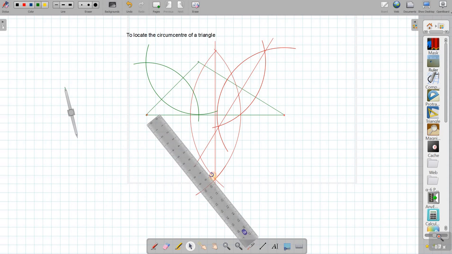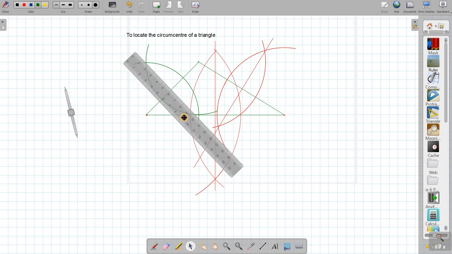So I will bring it like this. I will keep it here like this. Here it is okay. Here it is pointing there. But here it is little over. I will have to rotate it here like this. Now it is okay.